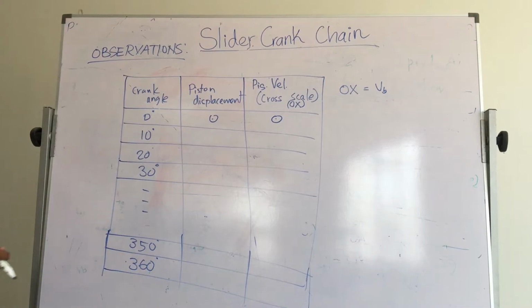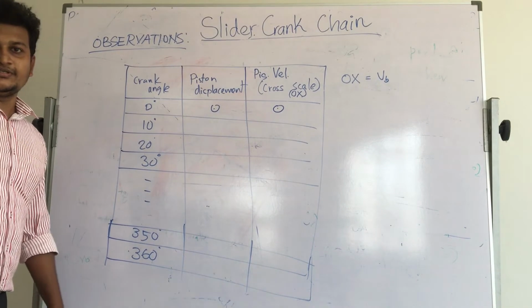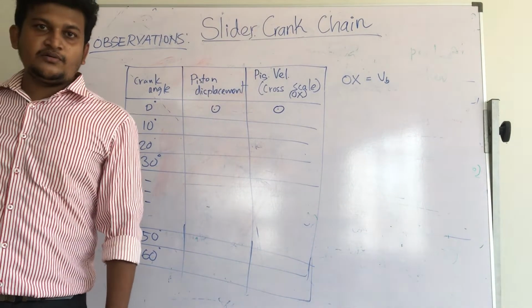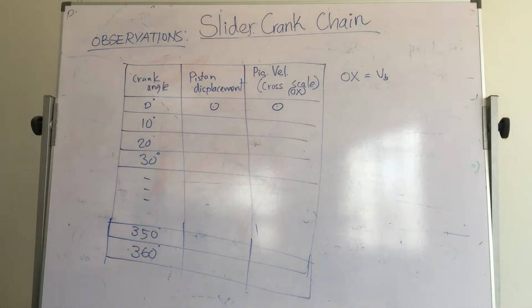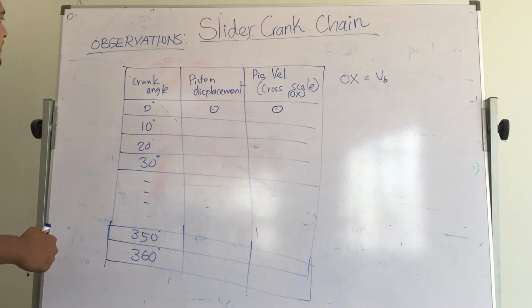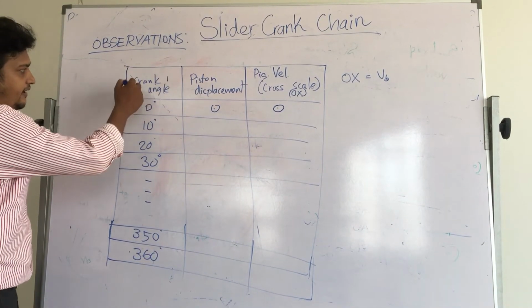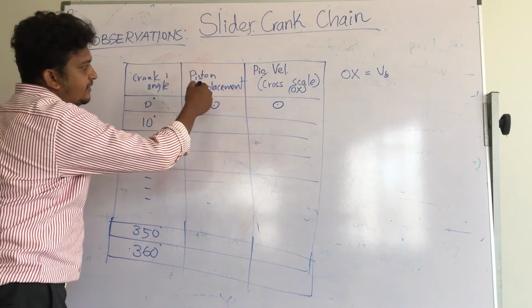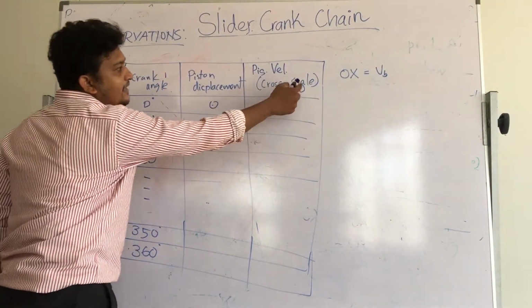Now we are moving to the section of the observations. We already did the practical using that apparatus and took all the readings. While you are taking the readings, you have to fill up this table. This is the crank angle, this is the piston displacement, and this is the cross scale reading, the OX reading.